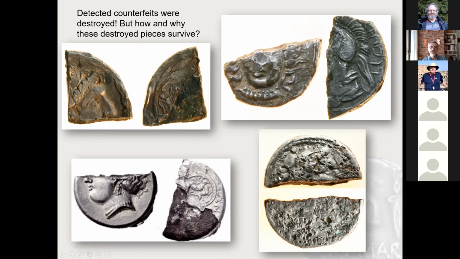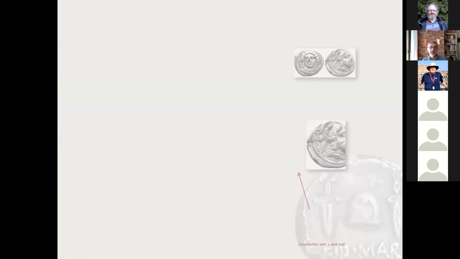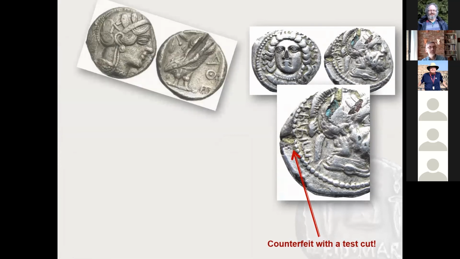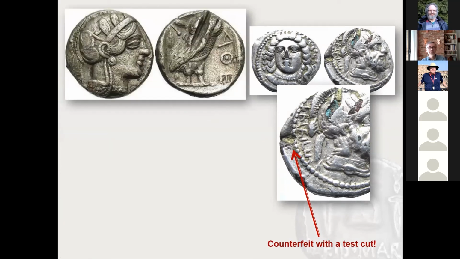We don't know, but they did. And quite many of them survived. So you have test cuts, and counterfeiters simply struck the coin and put the test mark on it, and then plated them. And this practice continued all through the time.